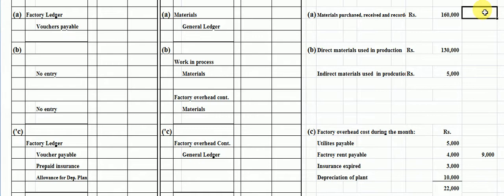Now students, this transaction is recorded in both the books of head office and factory office, because the material is purchased by the head office from the supplier on behalf of the factory.